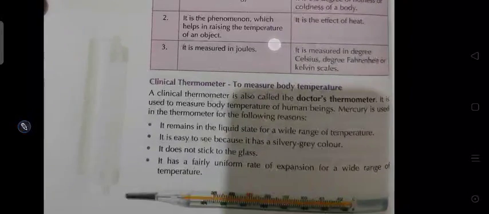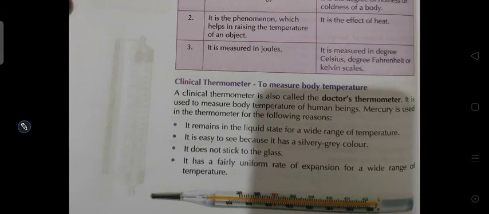So students, in the next video we will discuss the clinical thermometer, okay, and how we can use the clinical thermometer to measure the body temperature, students.